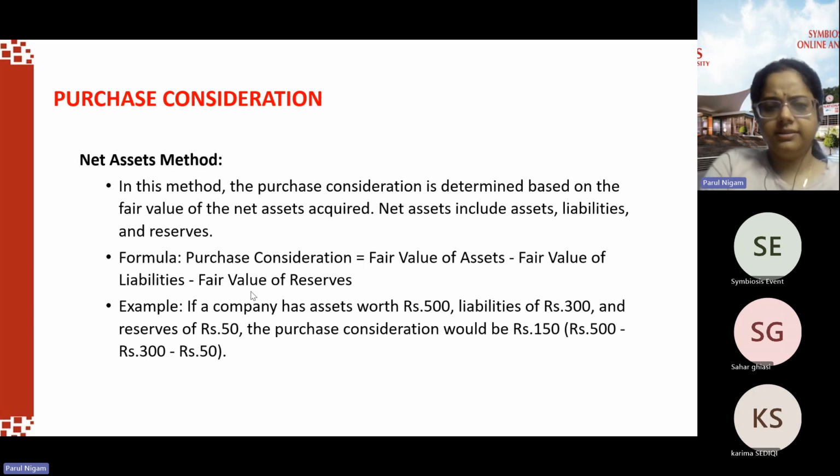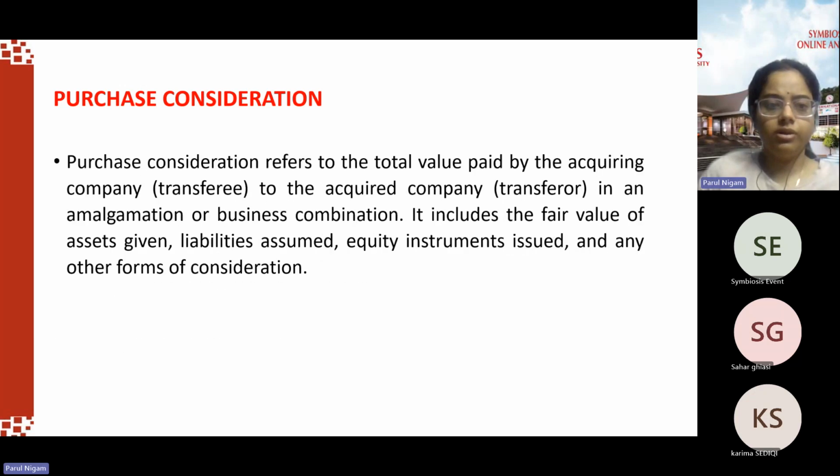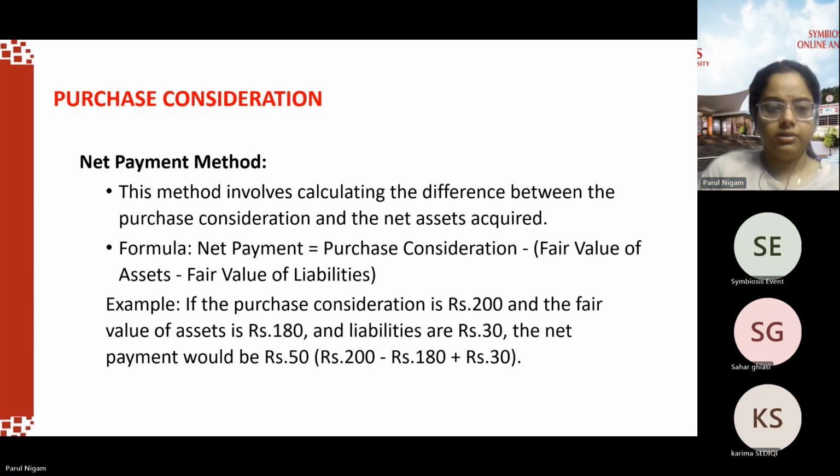So it's what has been agreed upon. Okay. So purchase consideration is the amount which is paid by the transferee company to the transferor company's shareholders in exchange for acquiring its business. Okay. So there are certain questions also which we are going to solve for purchase consideration.